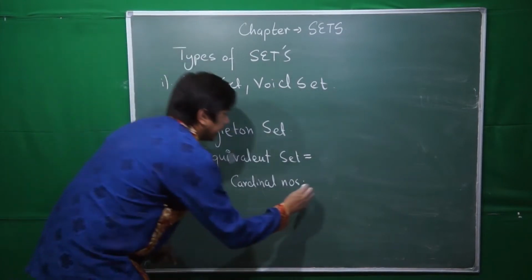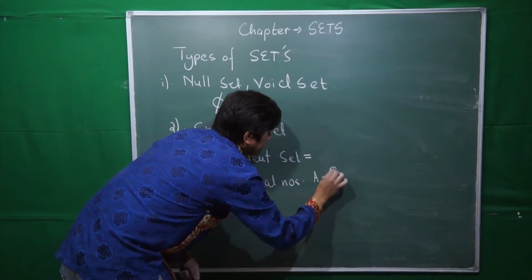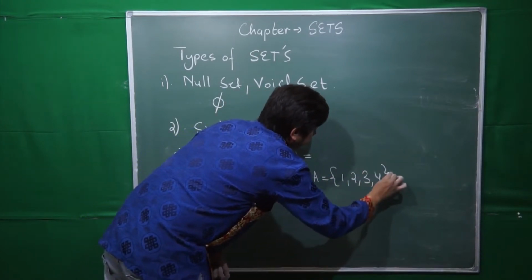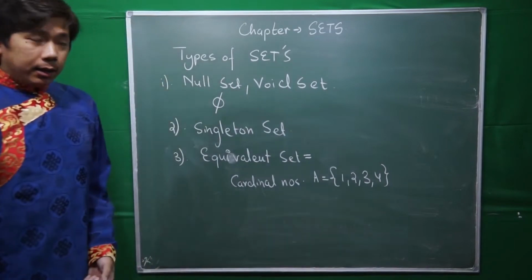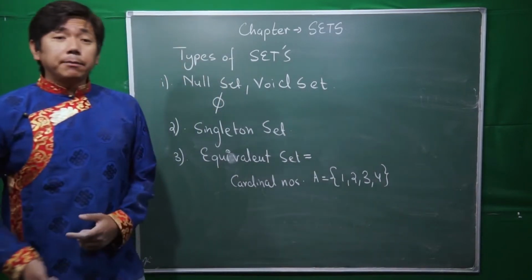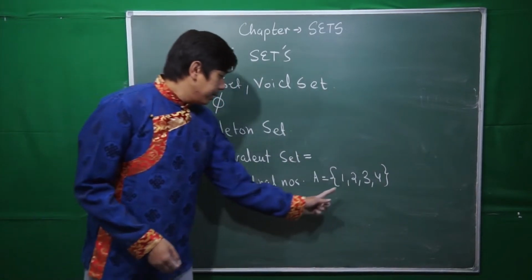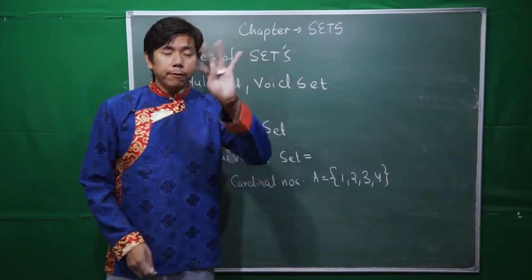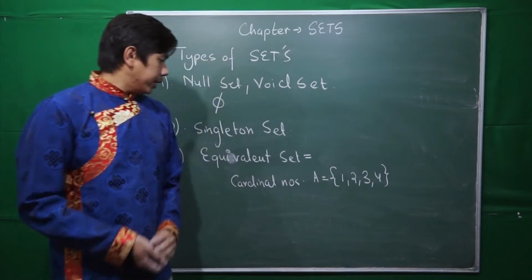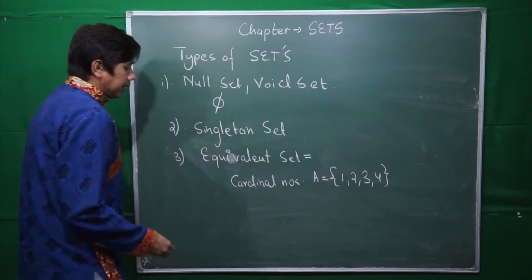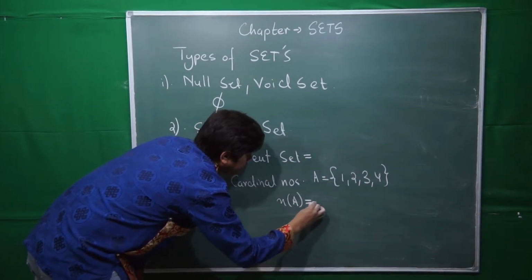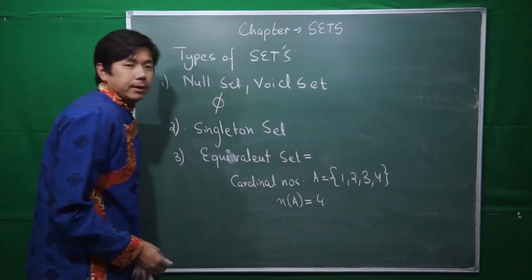For example, in a set A, let's say the elements are 1, 2, 3, 4. Now, what is the count of the elements in the set A? We have certain elements. How many elements? 1, 2, 3, 4. Total 4 elements. That means the cardinal number of set A is equal to 4.